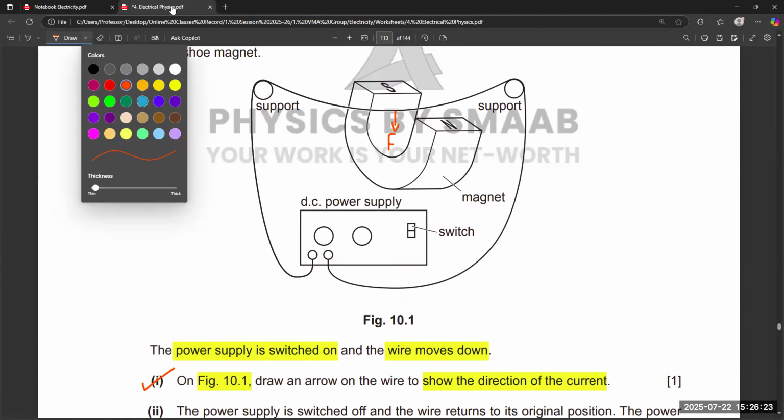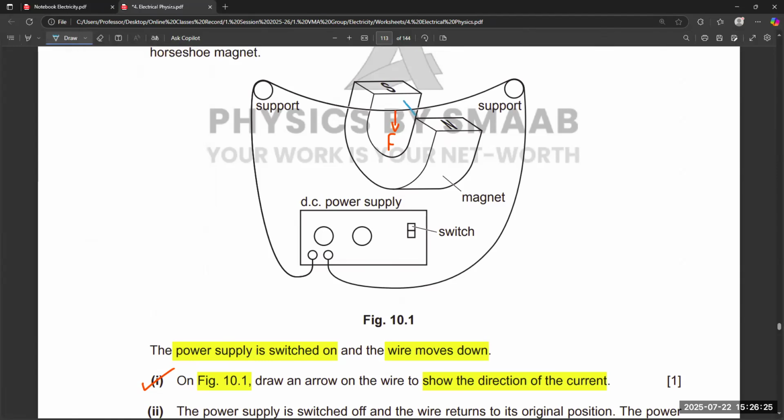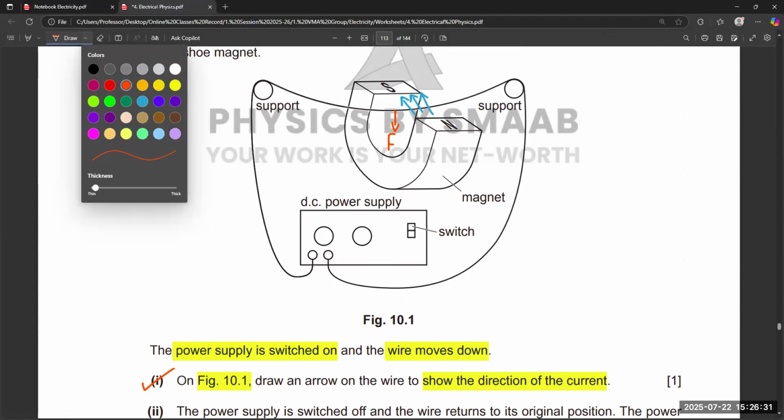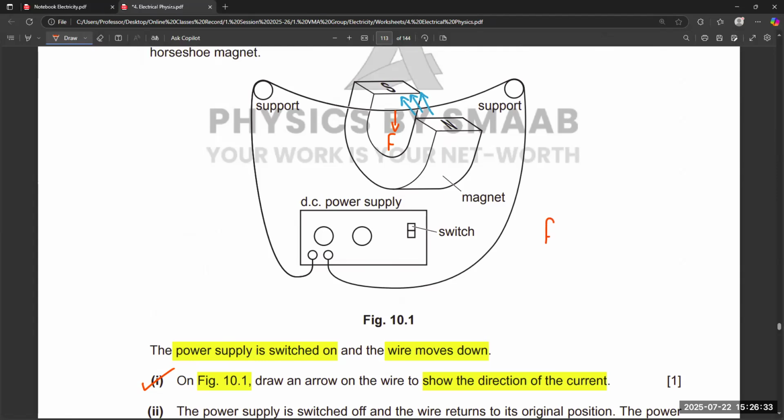And this time, the magnetic field is into the paper. So again, if we talk about the field, this time the field is on the z-axis into the paper, and force is on the y-axis.